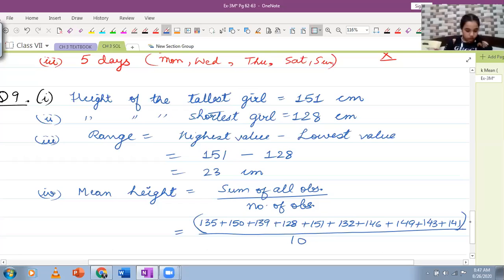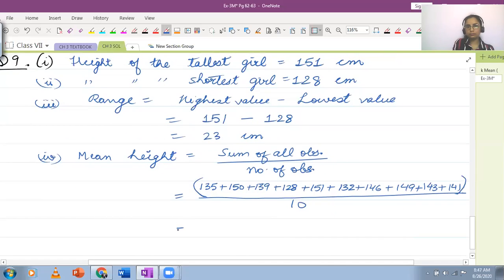I think Gagandeep has done the total. Gagandeep, what's the total? 1315 centimeters. Check once again. Anyone else has done this?